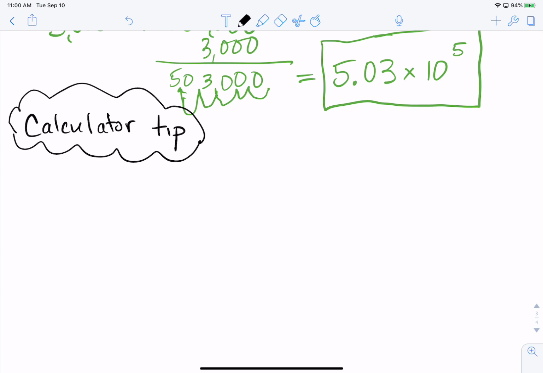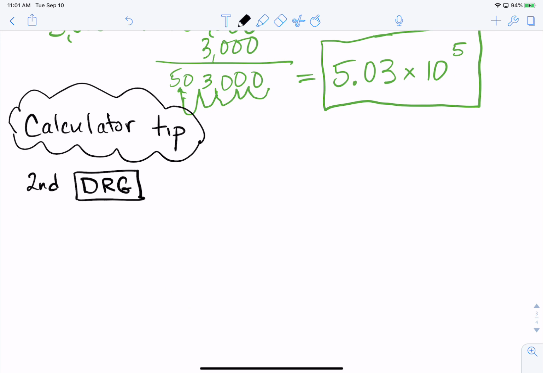If you hit the second function and then the button that says DRG, and I only know this, unfortunately, for this calculator right here, the one that you have. I do know that the other scientific calculators do in fact do this. I just don't know the buttons. So is it DRG? Oh no, it's DEL. Sorry. Nope, DRG. Okay, yours.